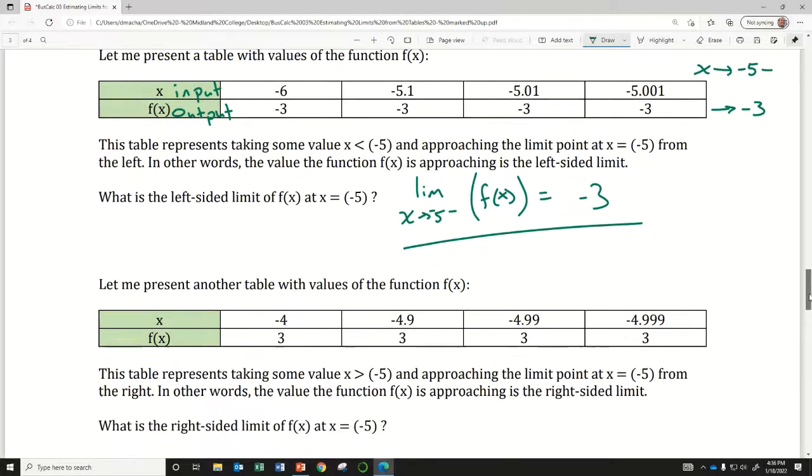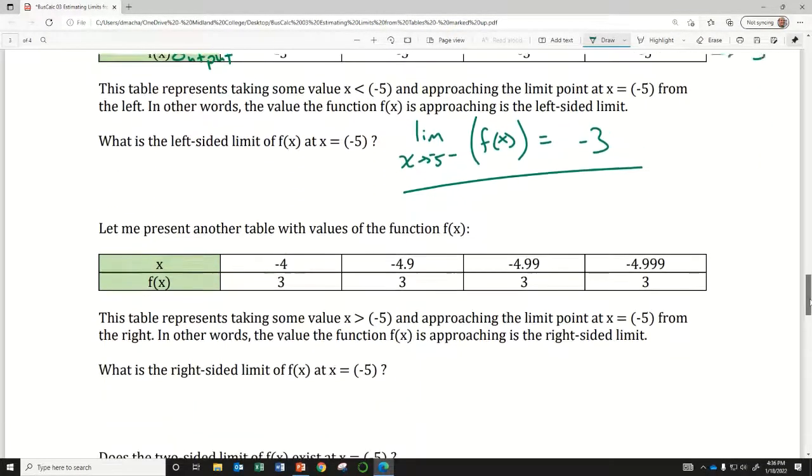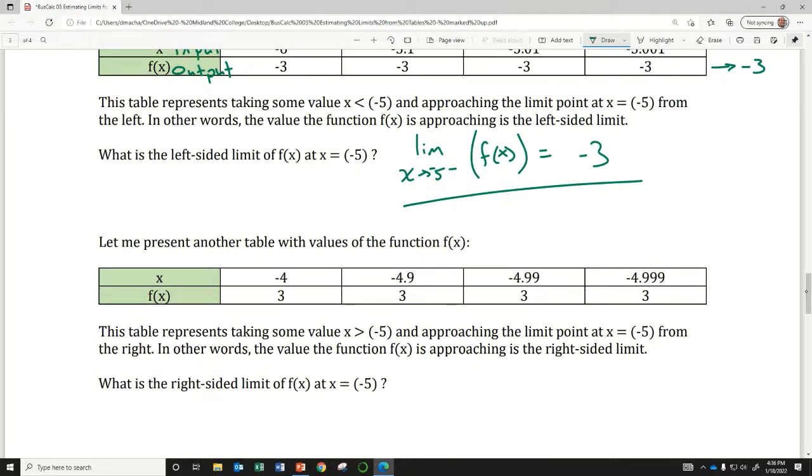Looking at another table of values that I created from the same function, my input values are going down from negative 4 to negative 5, so I'm approaching negative 5 from the right side here. My output values seem to be stuck at positive 3.